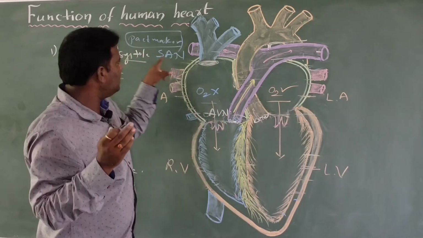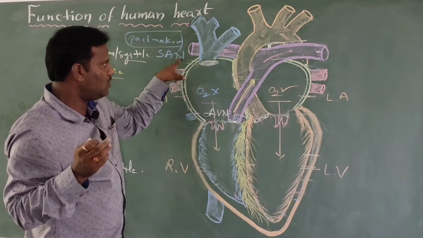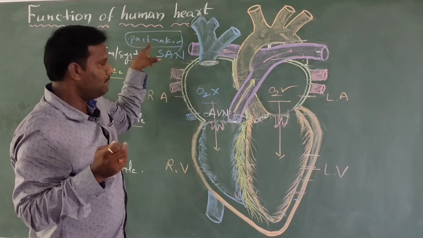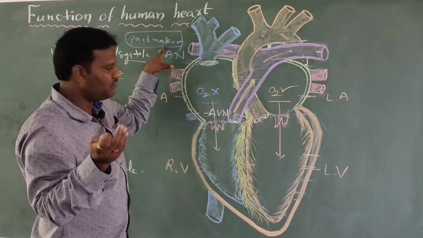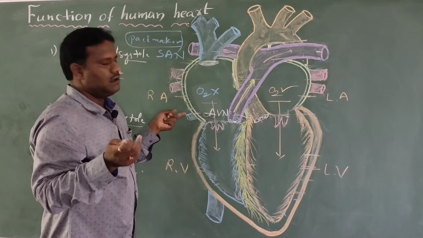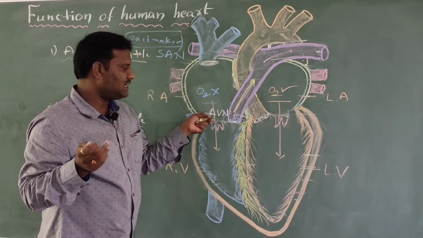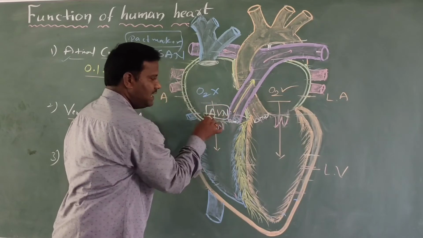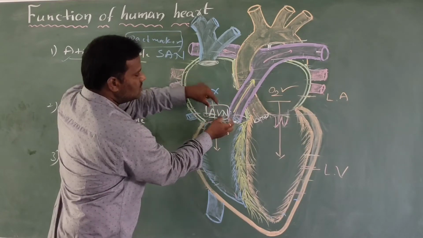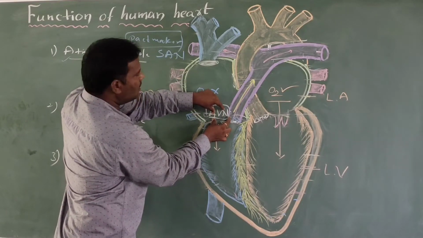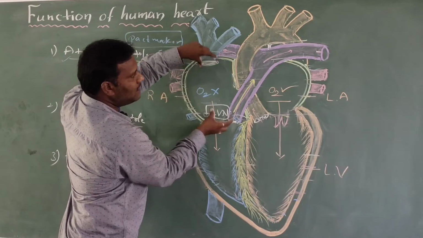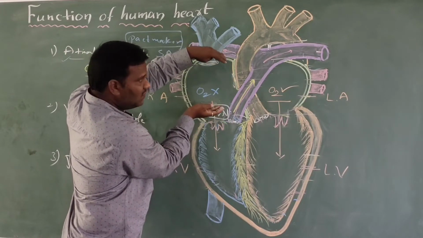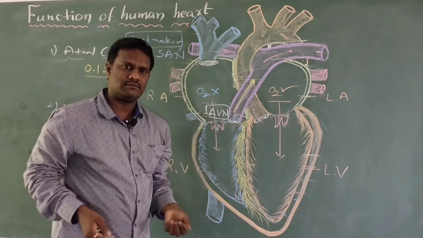So two nodes are present. One is the SA node, the sinoatrial node, also called the pacemaker and starting point of the heart. The second is the atrioventricular node, located in the right atrium near the coronary sinus. The atrioventricular node takes the signal completely from the SA node.